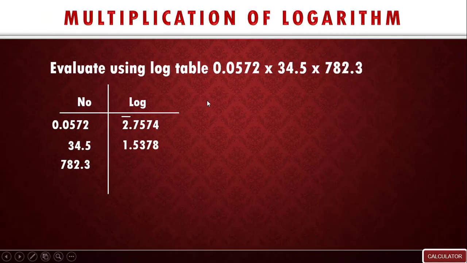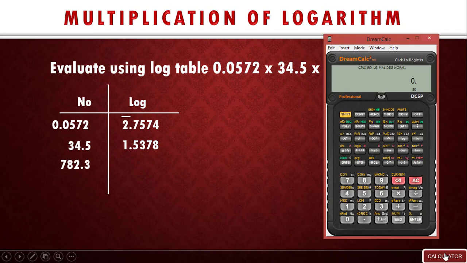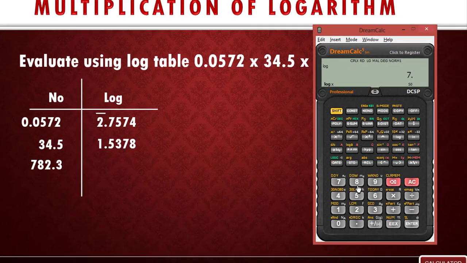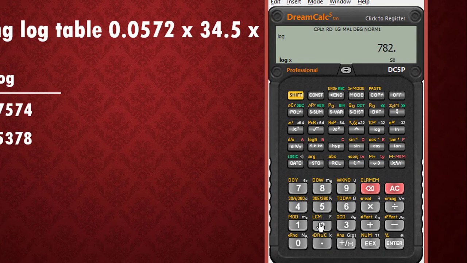Okay, the next thing for us to do is to determine the third one, which is 782.3. If you look at this number again, it is greater than 1, so using the calculator will be a straightforward thing. So fire up the calculator and then press log 782.3 and press enter or equals.